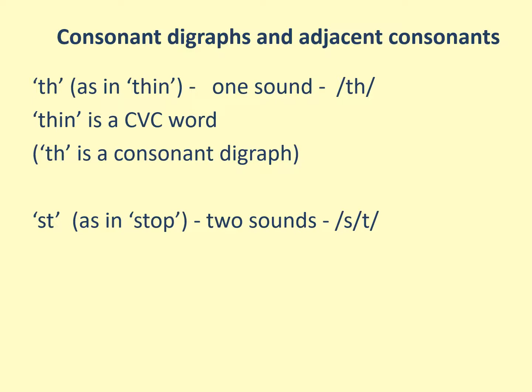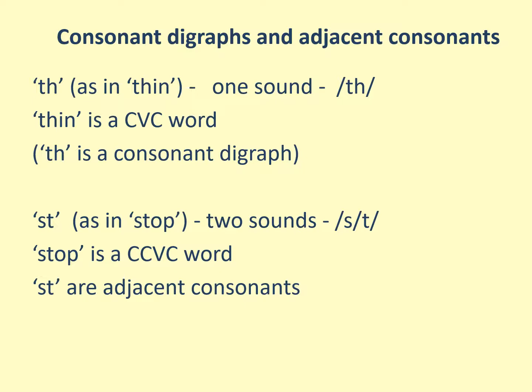Each letter in the word stop makes a sound. So we can hear the s and the t as separate sounds. So stop has got consonant, the s, consonant, t, vowel, o, consonant, p. So it's a CCVC word. And the s and t are adjacent consonants.